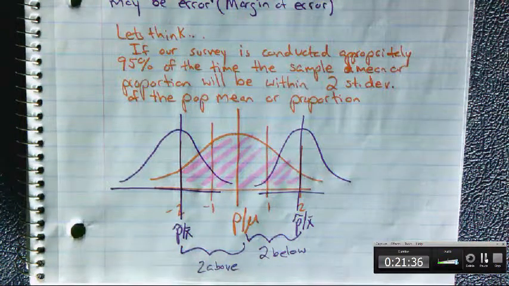You say, I want to know about all the students at West Union High School. There's 600 and some students. Rather than asking all 600 students, you ask 60 students. You get their answers, and then you say, I got 38% of my sample do not like the school food.